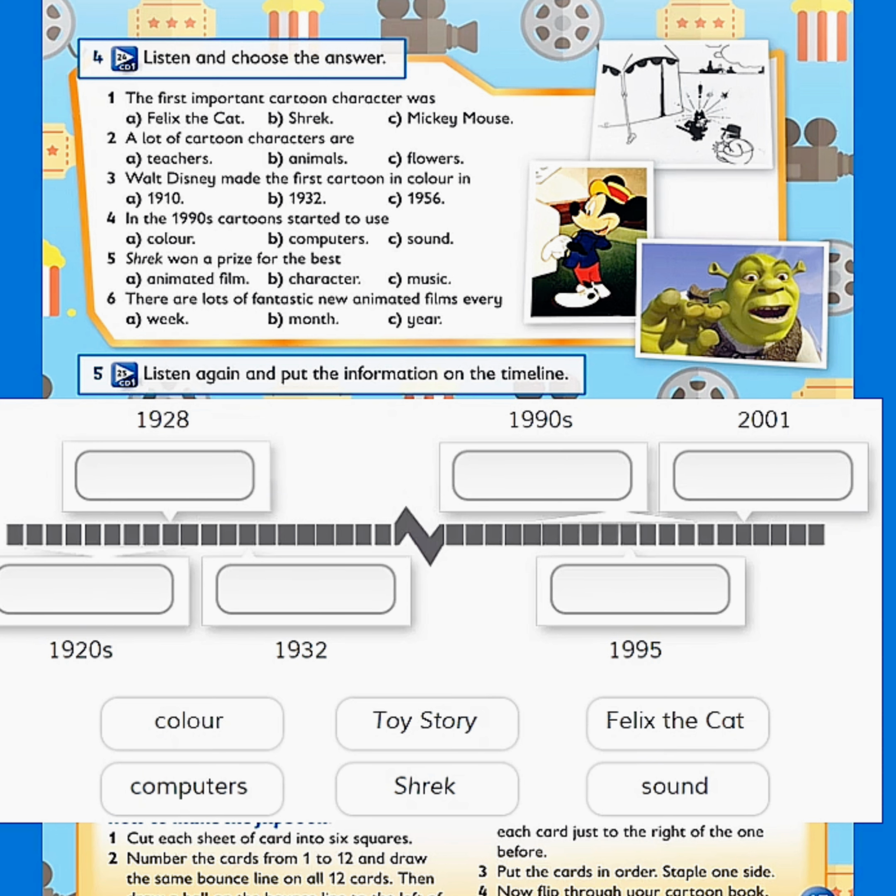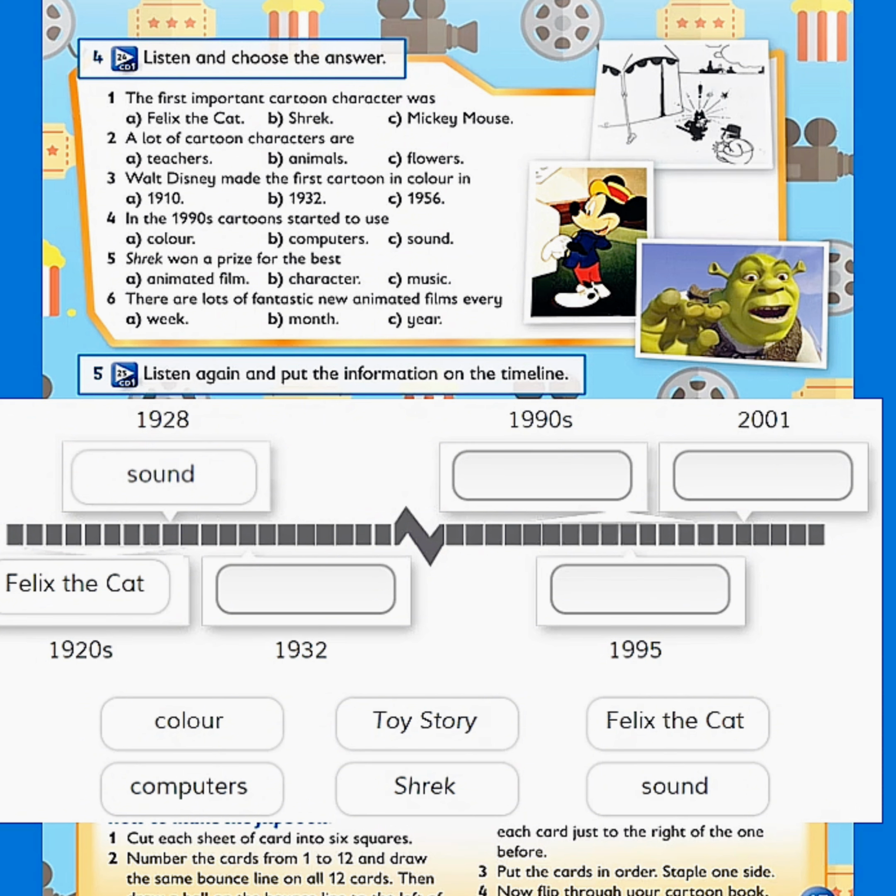The only problem was that Felix didn't speak. Do you mean that there wasn't any sound? Yes. So, what was the first cartoon with sound? Ooh, that was a cartoon in 1928 called Steamboat Willie, and it was by Walt Disney. Walt Disney, really? And who was in it? The star of the cartoon was Mickey Mouse. Over the next 10 years, Walt Disney also made cartoons with Pluto the dog and Donald Duck.